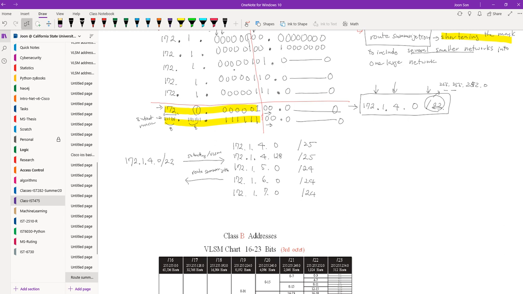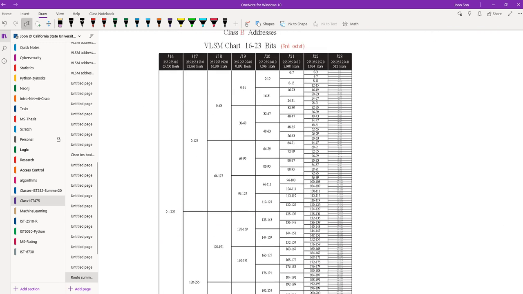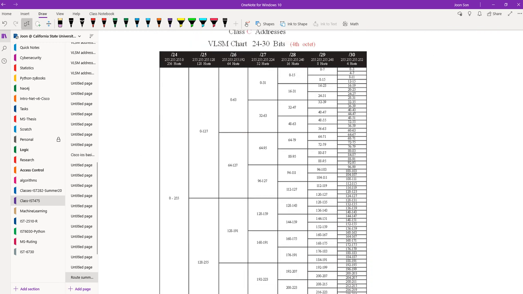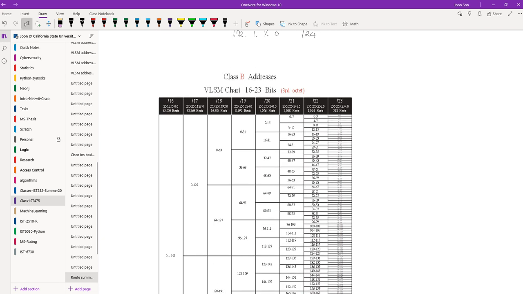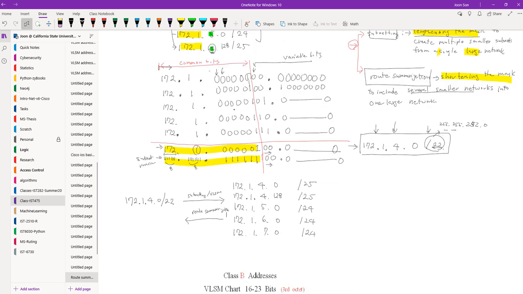Now, to find the answer, you can use the Class B VLSM chart. Another thing you should know is that this is a /25 and this is a /24.